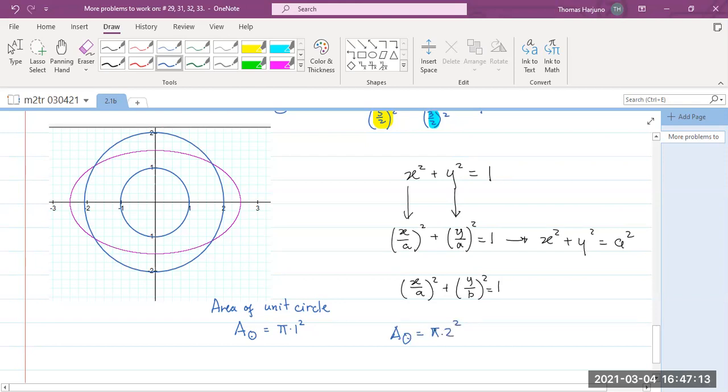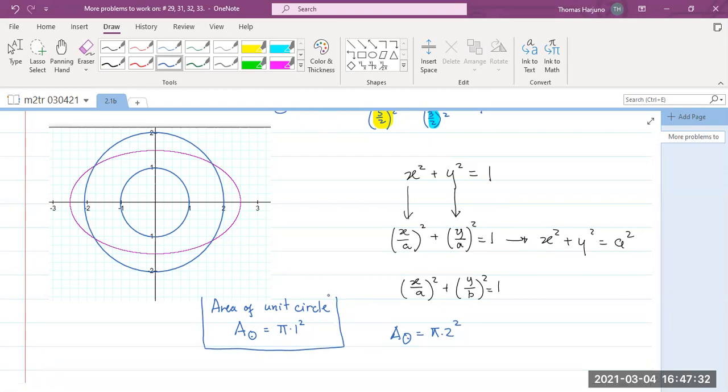But if you ever think how they get that formula, if we use the fact that the area of the unit circle is pi, then how do we get the area of a circle with radius 2, without using that formula, pi r squared? In fact, why does it become pi r squared?